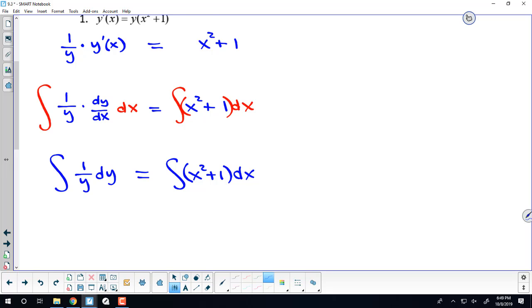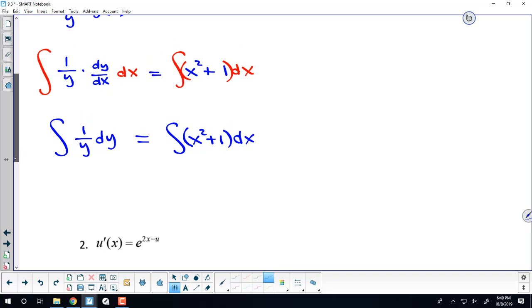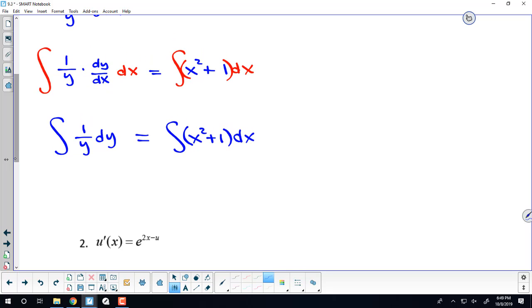Okay, what is the antiderivative of 1 over y? Yeah, so that's the natural log of the absolute value of y, and on the right, x cubed over 3 plus x.